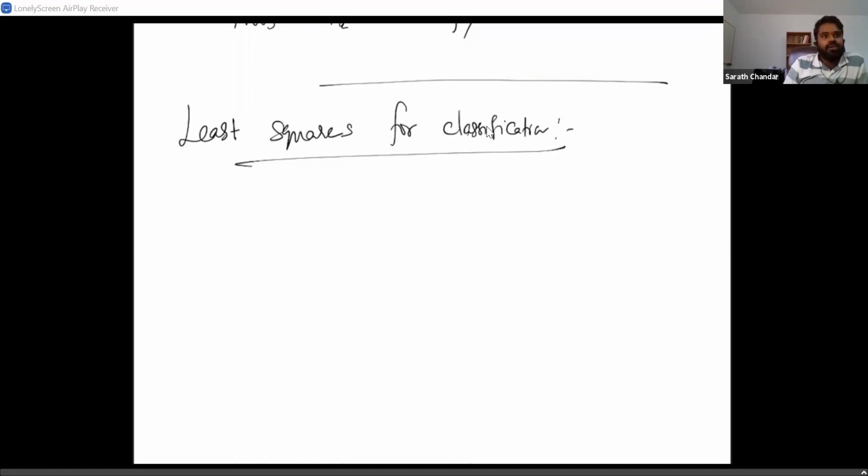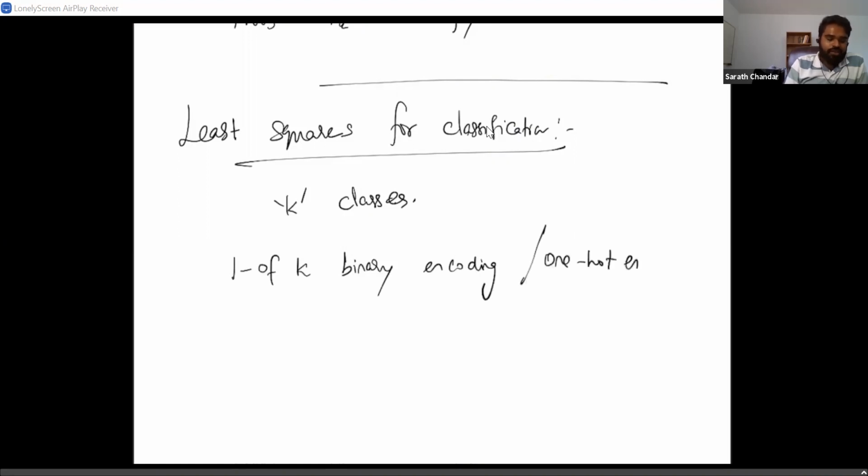Let's consider a k-class classification problem, k classes. We need a way to make the classes numbers. We have already seen in the previous lectures that you could do 1-of-k binary encoding, or the other way to say that, one hot encoding for the classes.